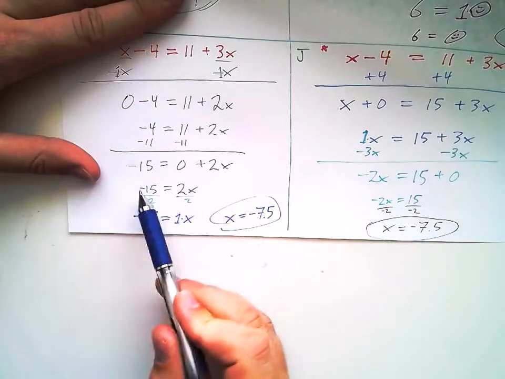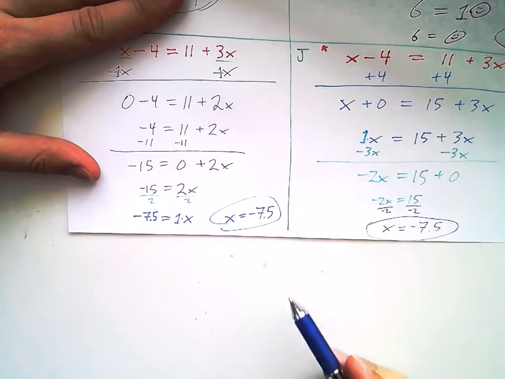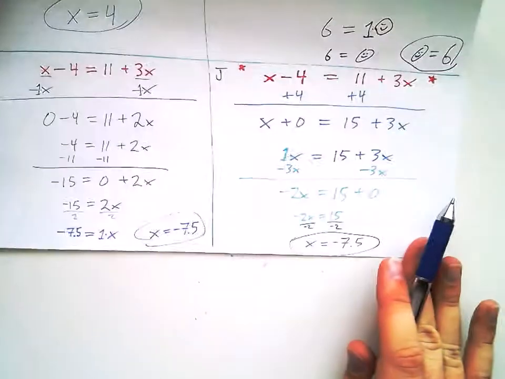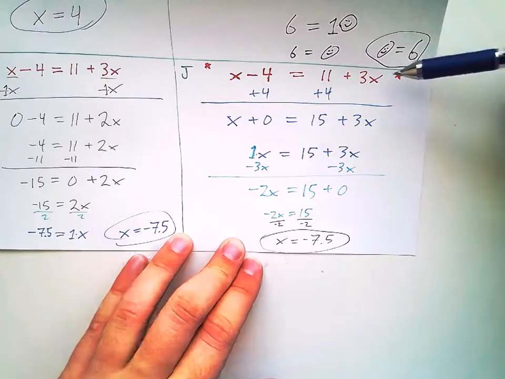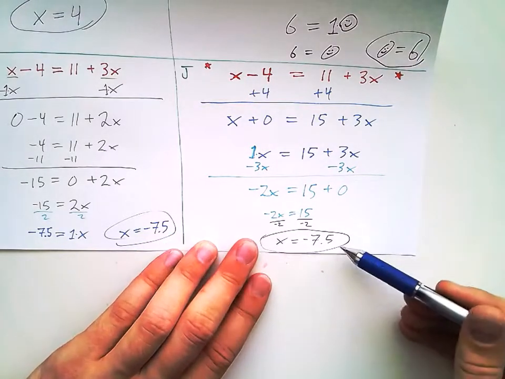I subtracted 11 from both sides, did the same thing I was doing on the other side, and got negative 7.5. Okay, now J, it's the same problem, I just did the middle steps in a little different way, but I got the same answer.